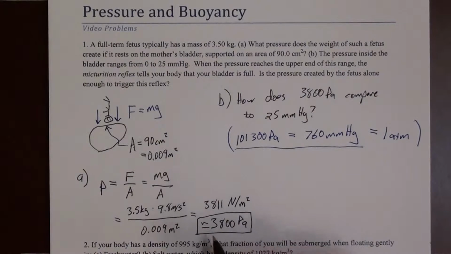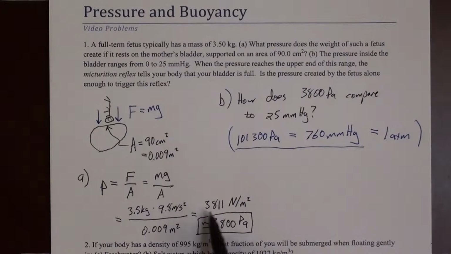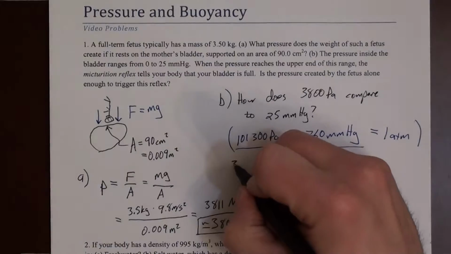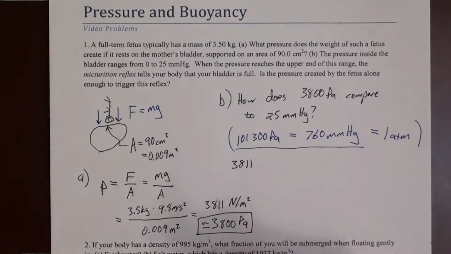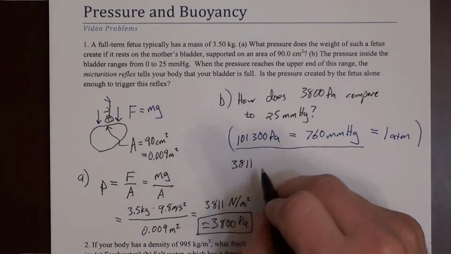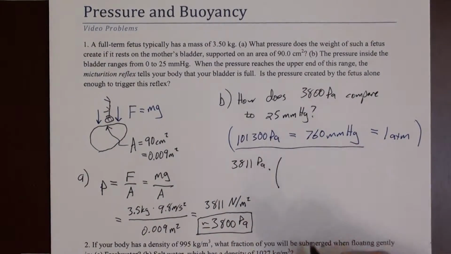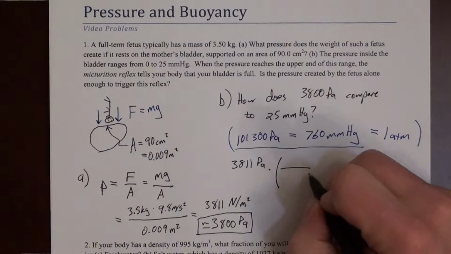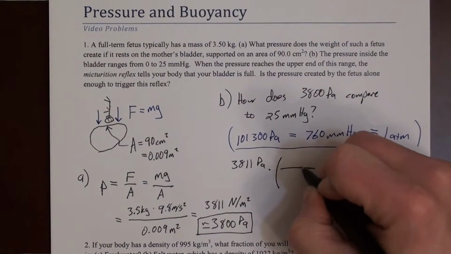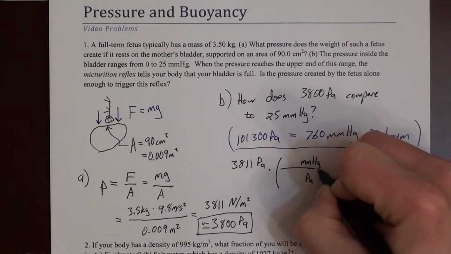Okay, so I start with my answer for part A, and I'm going to leave the 11 on it just so that I'm not rounding prematurely. So 3,811 pascals times this conversion factor, so I want pascals to go away and millimeters of mercury to show up.